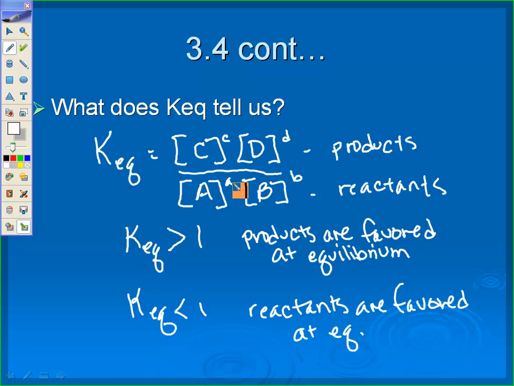Now this might be a reaction that just doesn't go very well. You don't make a lot of products. That would be bad for things like industry where you're trying to make a lot of a certain product. So you want a very large KEQ, or as big as you could, if you were trying to make a lot of a certain product, like maybe some kind of a medicine or some kind of a consumer product.